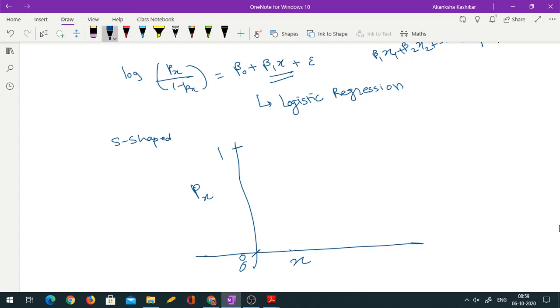If you plot probability of success versus x, generally the curve takes an S shape. What do I mean by that? For the initial changes in x, the increase in success probability is low. Later it increases quite fast, steeply, and towards the end it is again low.